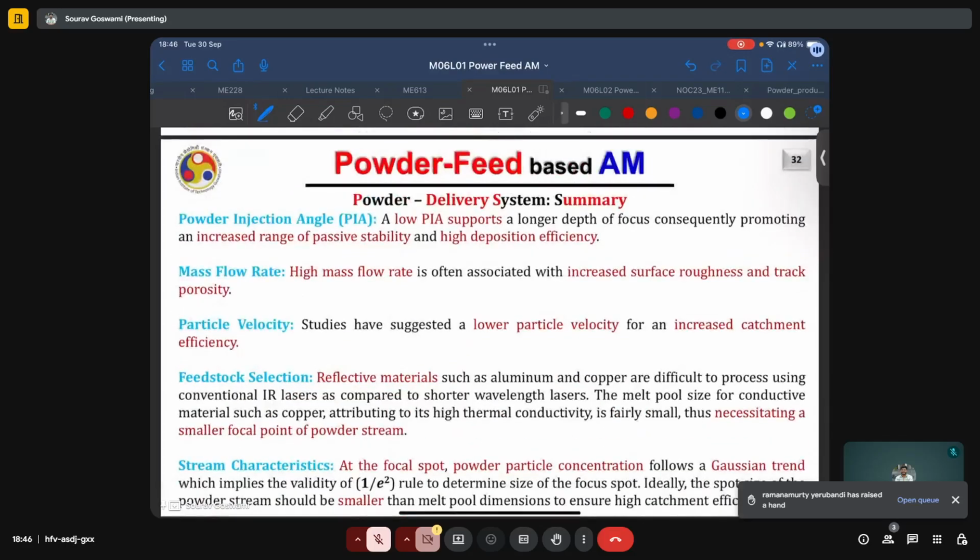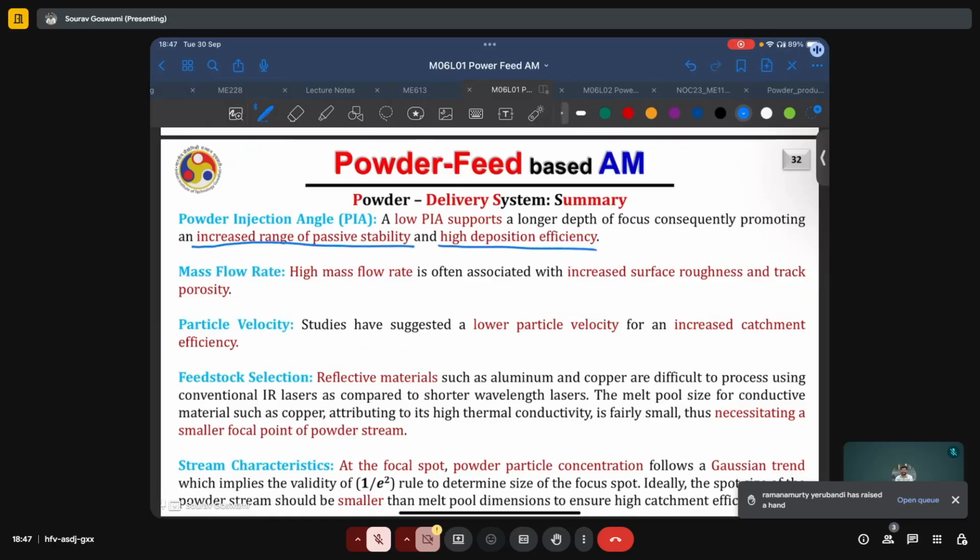Now, to summarize all of the different design aspects and how they correlate to the final deposition process for these powder delivery nozzles, some of the important parameters are outlined here. We have the powder injection angle, phi, and as we saw, a lower powder injection angle supports a longer depth of focus, consequently promoting an increased range of passive stability and high deposition efficiency.